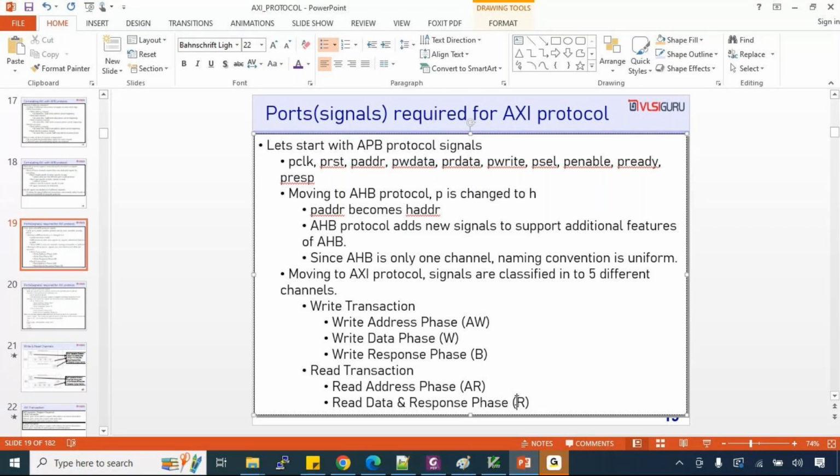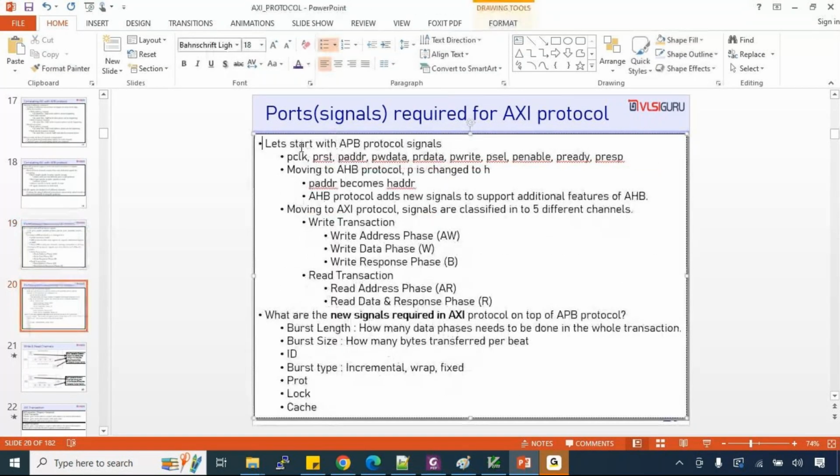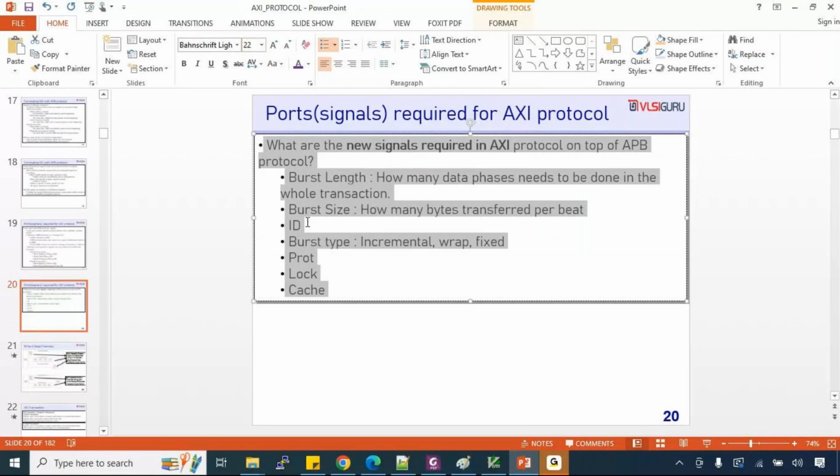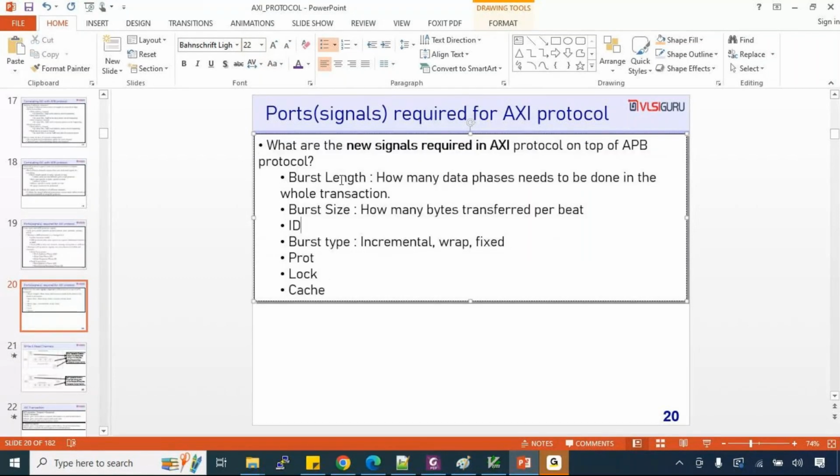What about the length corresponding to read? ARLEN. Simple. Once you know which channel the signal corresponds to, the naming is very simple. The same thing is discussed here. We have added signals specific to support burst length, burst size, ID, burst type, protection, lock, cache, everything.